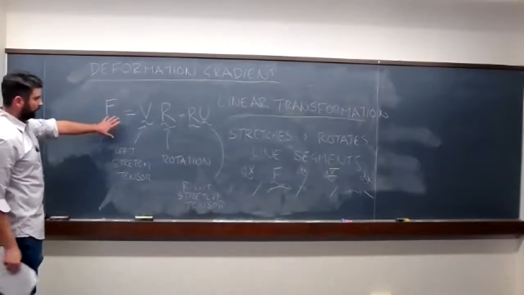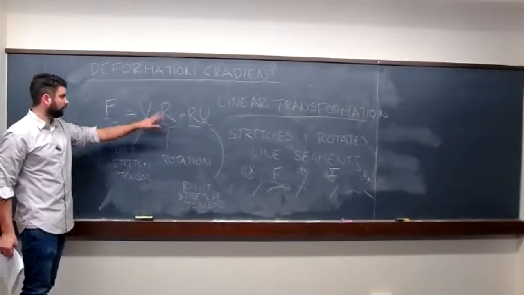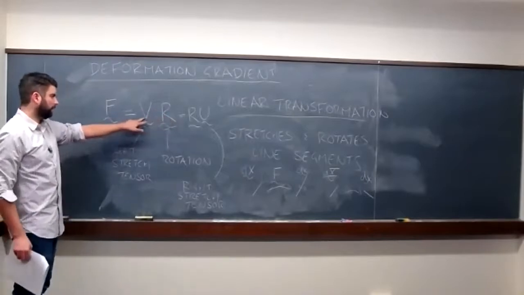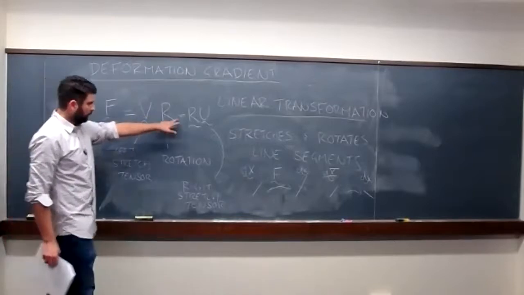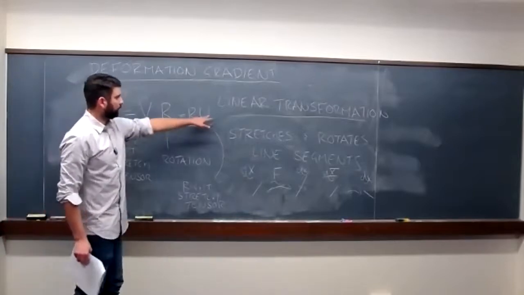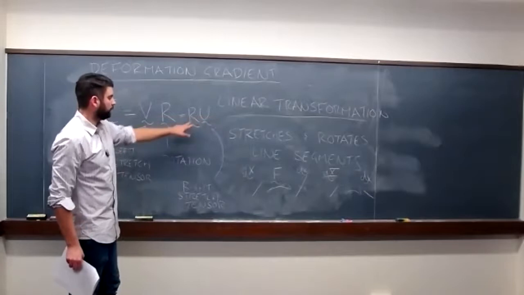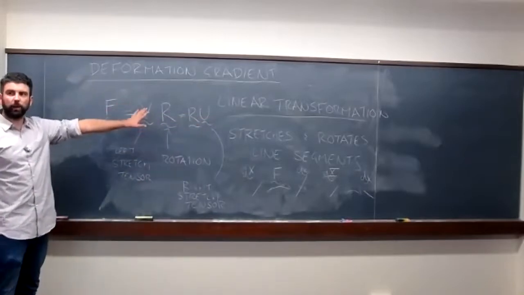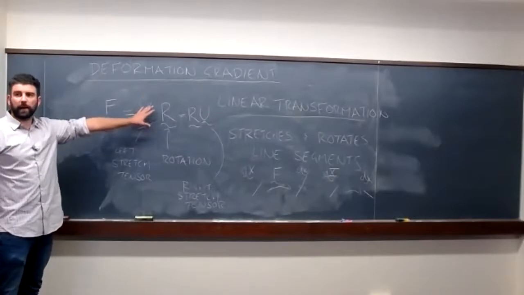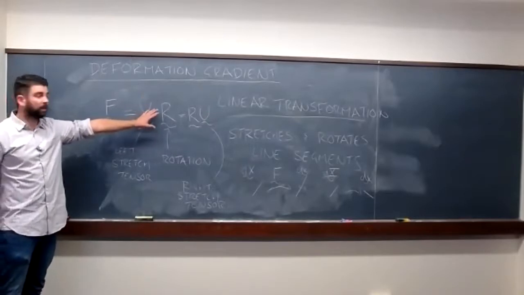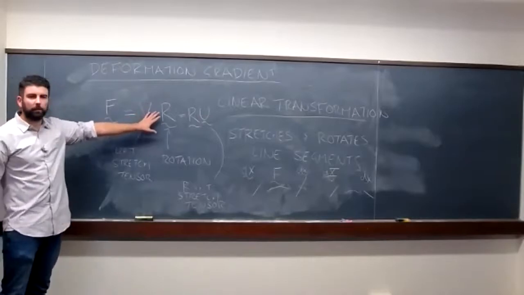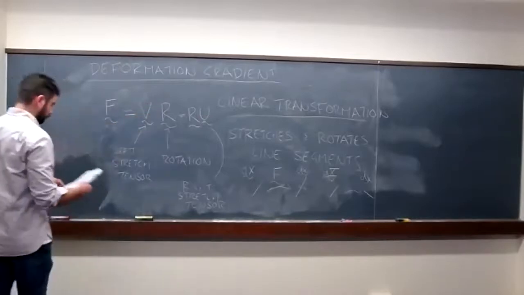So these operations consist of, first, this one on the left, first rotating the line segment and then stretching it, while on this side, we stretch the line segments and then rotate them. What's important to remember is that splitting up the deformation this way is something that we've done mathematically, but when a body's actually deforming, they're stretching and rotating at the same time. These aren't sequential operations during deformations.